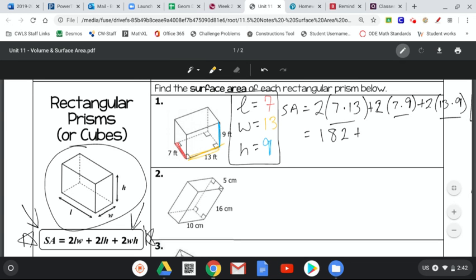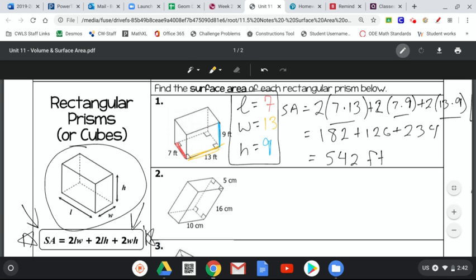Then 7 times 9, multiplied by 2, which should give you 126. And then 13 times 9, multiplied by 2, which gives you 234. You add these all up, and you're going to get an answer of 542 feet.